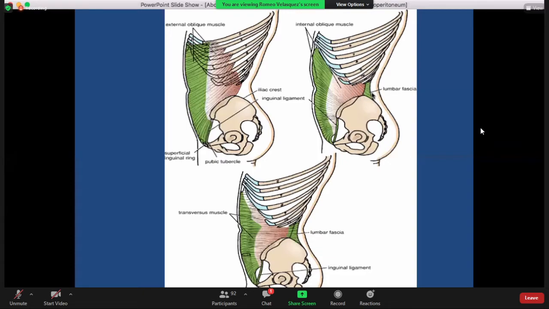Okay, see that the lumbar fascia is the attachment for the internal oblique, whereas the external does not have that attachment. Okay, and likewise, the transversus muscle also has a lumbar fascial attachment right there, and you can see the transverse fibers. So it's very easy.